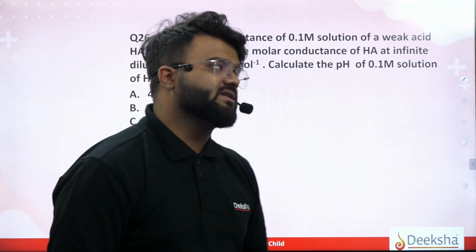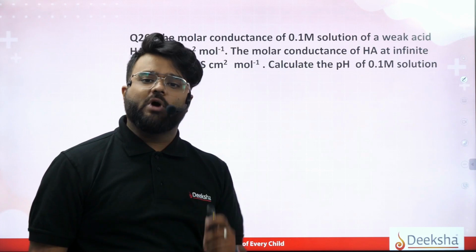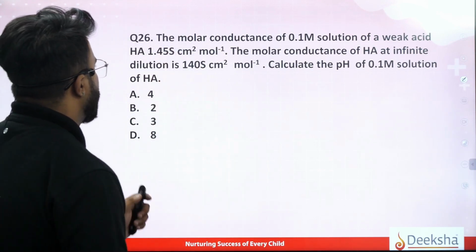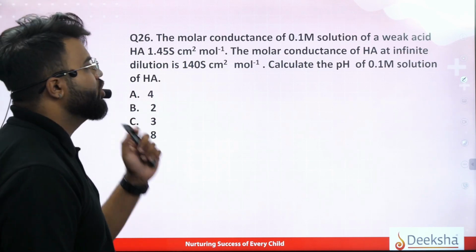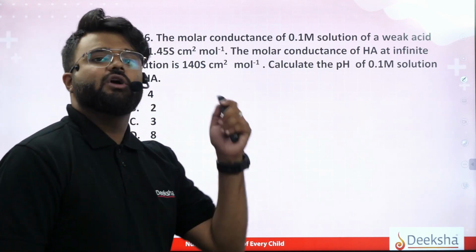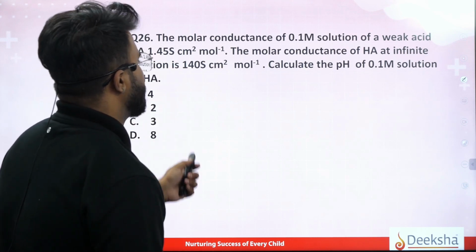What does this question 26 tell? The molar conductance of 0.1 molar solution of weak acid HA is 1.45 siemens centimeter square per mole. The molar conductance of HA at infinite dilution is 140 siemens centimeter square per mole.